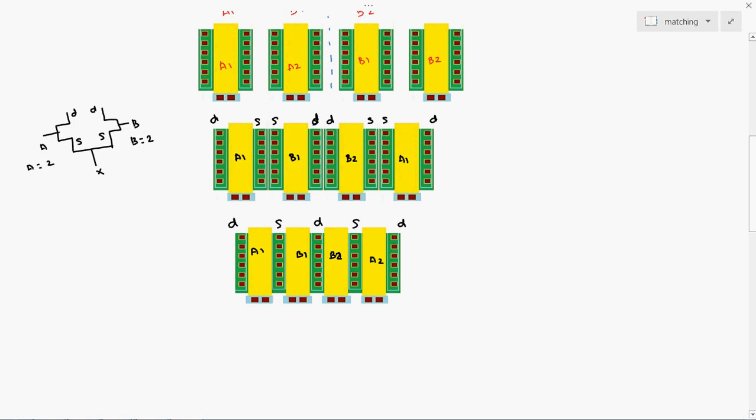Gate we can give as individual connections, but how do we give the drain connections? From here to here we have to route on normal metal. Since the drains are different, this is A drain, this is A drain, and one more routing single line is B drain, and the source terminals are already shorted.